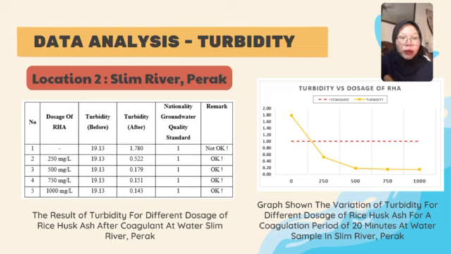Tapi kita boleh lihat pada 1000 mgl rice husk ash dapat jumlah turbidity yang paling rendah iaitu 0.143. Macam saya cakap tadi, semakin bertambah dos rice husk ash, semakin menurun jumlah turbidity dalam air tersebut. So kat sini kita boleh tengok 2 gram is the most optimum dosage to make it as coagulant.